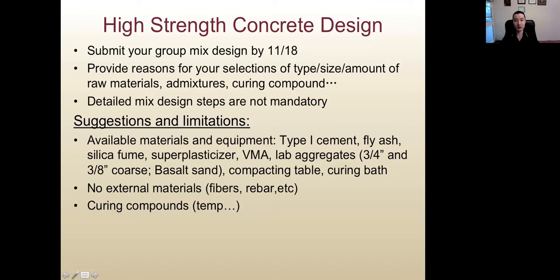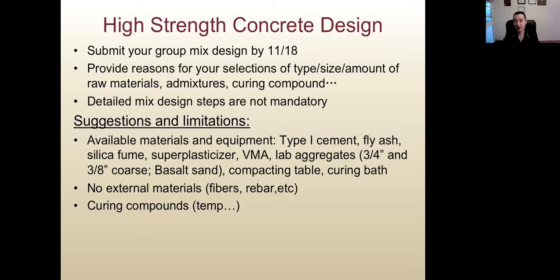The materials you can use for your high strength concrete design include type 1 cement. We only have type 1 cement in the lab. We have fly ash, silica fume, superplasticizer, and VMA. You can provide your desirable chemical admixtures or even mineral admixtures, but just state the reason you want to use these materials.